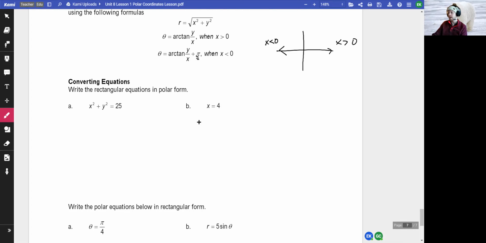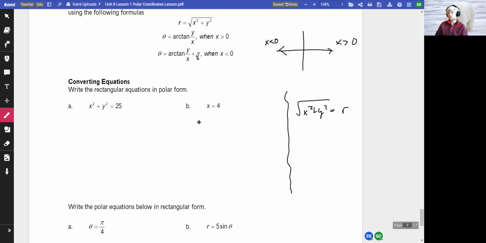What are some facts about converting rectangular to polar? I'm going to write them on the side here. I mean, we have some written up on the top. We have the radius is going to be equal to root x squared plus y squared. Is that what you mean? Yeah, kind of. So root x squared plus y squared is equal to r.